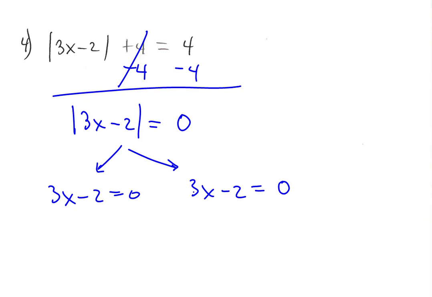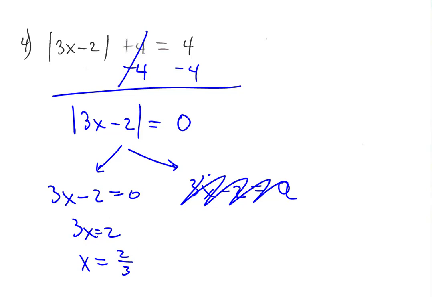So we wouldn't actually need to write out both of those versions. One of them would give us the solution, which means if I add 2 to both sides, I would have 3x equals 2, divide by 3 on both sides, and I'll have x equals 2/3. And that is the one singular solution to this equation, since both branches that we would normally have found really are the same. We just have one solution.